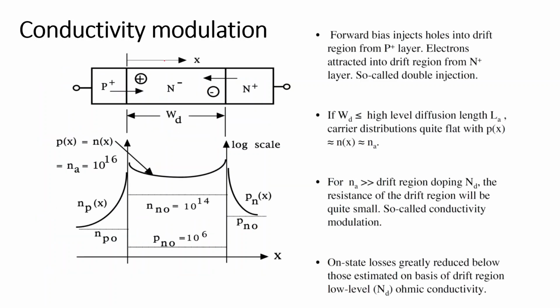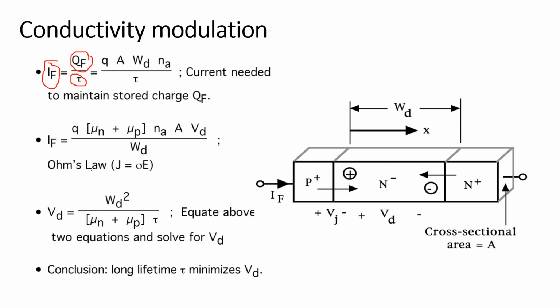As we have already seen, the density of holes which we have to provide is Na, which is 10 to the power 16. So this is the density of holes. Now this density multiplied by volume will give the total number of holes. Let us say the cross sectional area of this region is A, and the width of this region is WD.